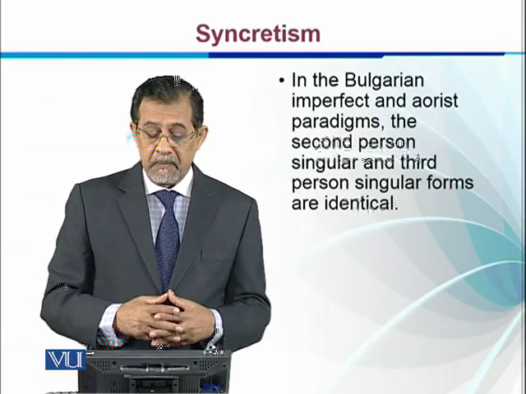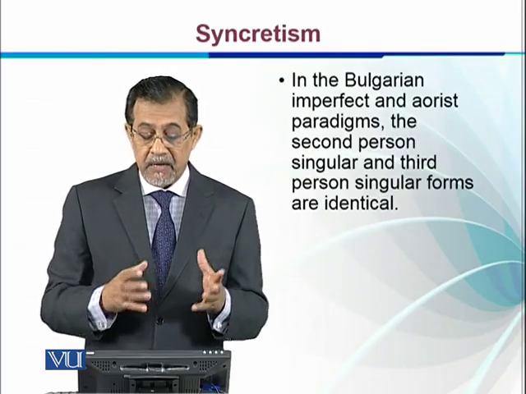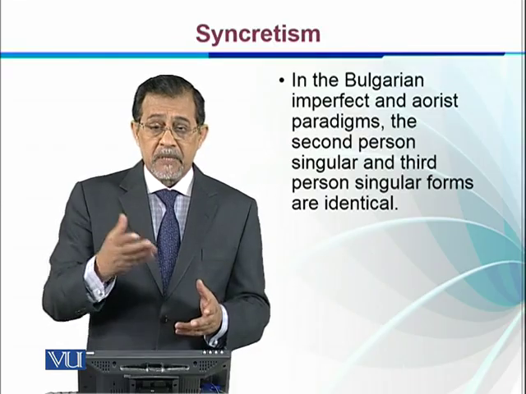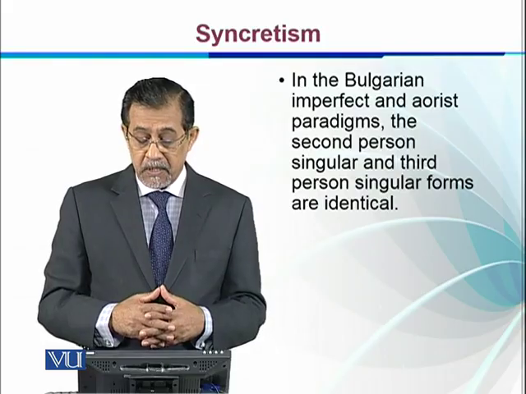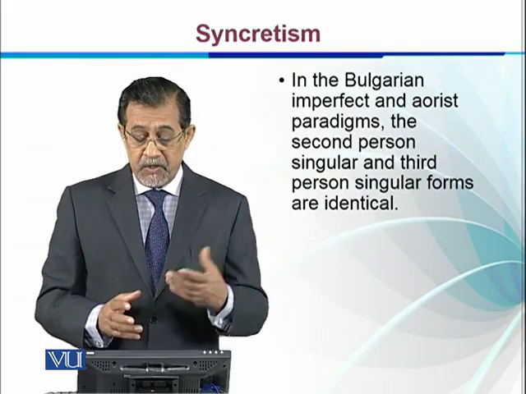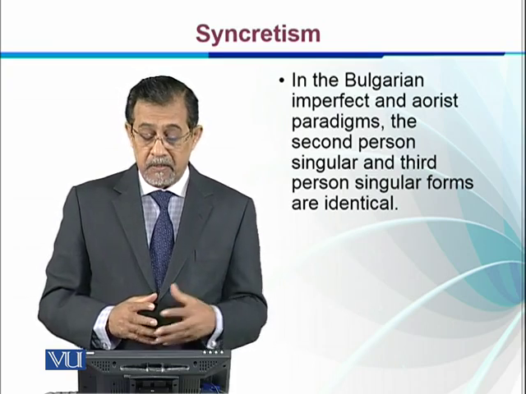For example, in Bulgarian, imperfect and aorist paradigm, these are two types of verb. Imperfect, progressive. The second person singular and third person singular forms are identical, right? There is no difference between second person and third person.